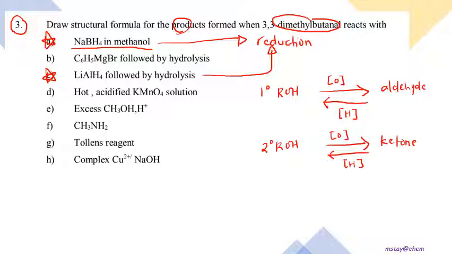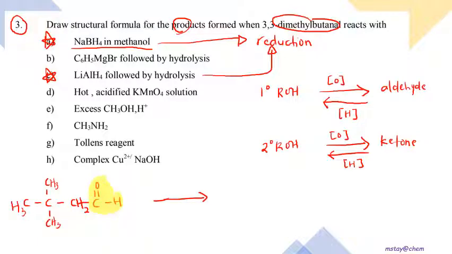Now we start with 3,3-dimethylbutanal. 1, 2, 3, 4. The aldehyde group will be at the terminal. So the 3, 3 CH3 will be here, CH3 also here, and this one also CH3, and this one is CH2. From this structure we can see that this is the aldehyde.